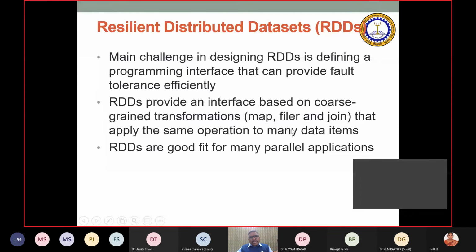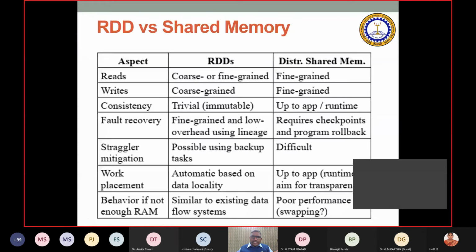RDDs provide an interface based on coarse-grained transformations like map, filter, and join, which apply the same operation to many data items. So when you look at read, write, consistency, it is very trivial, and fault recovery is there, straggler mitigation, work placement, and behavior if not enough RAM.